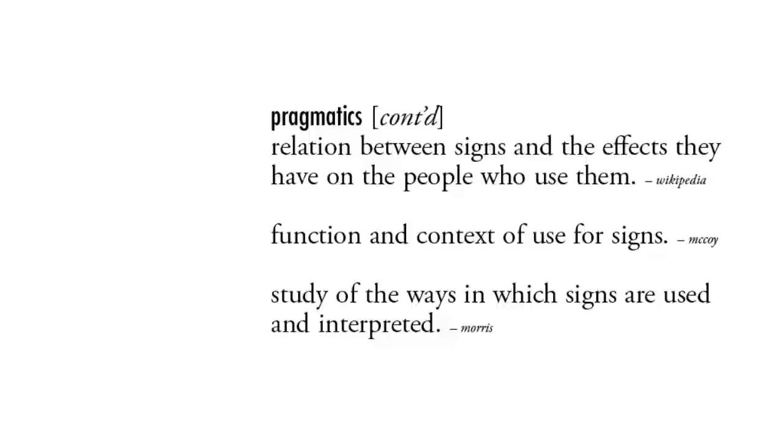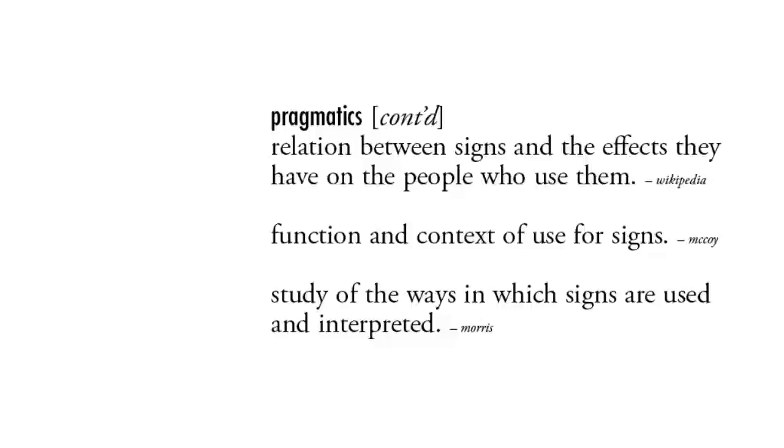To go into a little more detail, it's the relation between signs and the effects they have on the people who use them. That's what Wikipedia says pragmatics is. So it's about the relationship between humans and this language. Catherine McCoy says that pragmatics is about the function and the context for the use of signs.